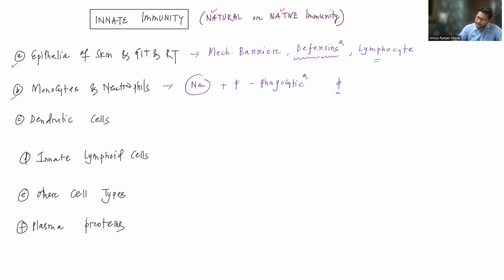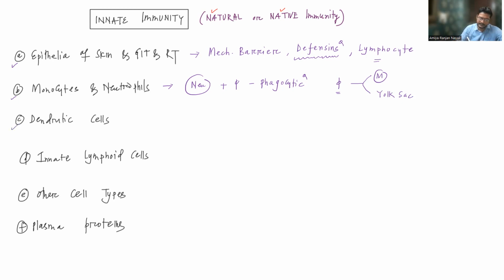These macrophages can be derived from the monocytes present in the peripheral blood, but some tissue resident macrophages are also derived from the yolk sac of the developing embryo. We discussed these things under normal hematopoiesis and the process of phagocytosis, and we will discuss more under the section of inflammation.